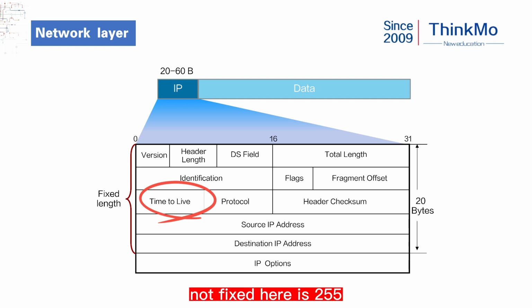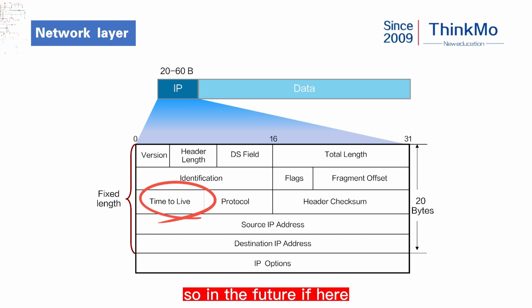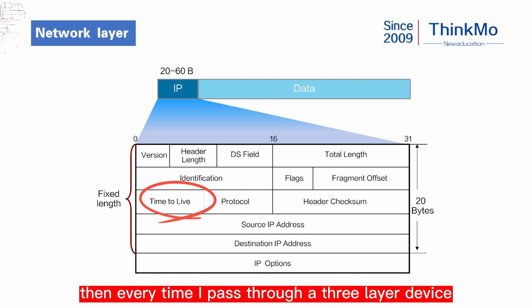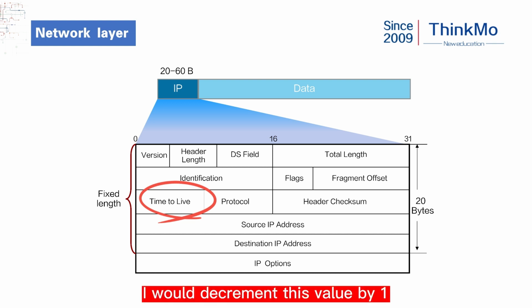It is not fixed, but most of you see 255. So if I am 255, then every time I pass through a layer 3 device, I decrement this value by 1.